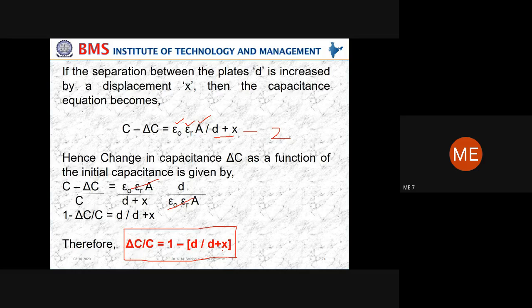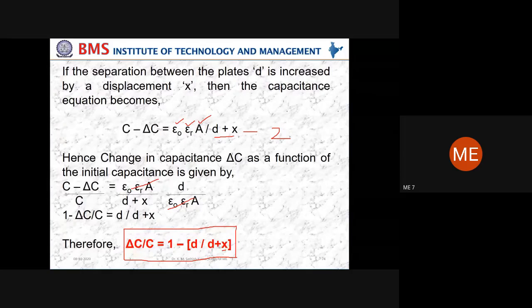What have you changed? Displacement. X, yes, exactly. What you have changed is the value of X, and for this change of X, what you get is the change in capacitance.